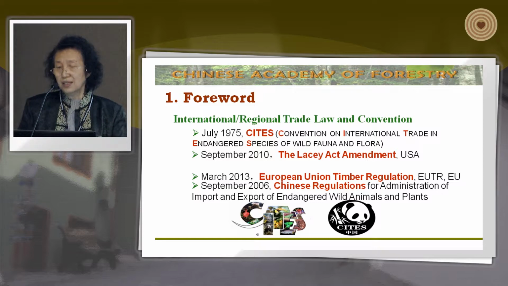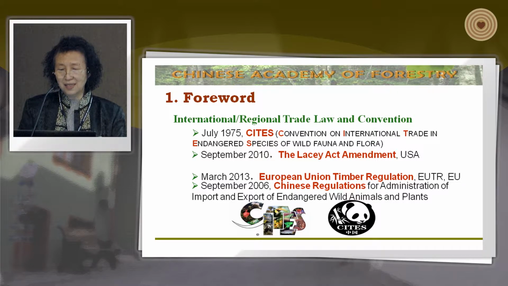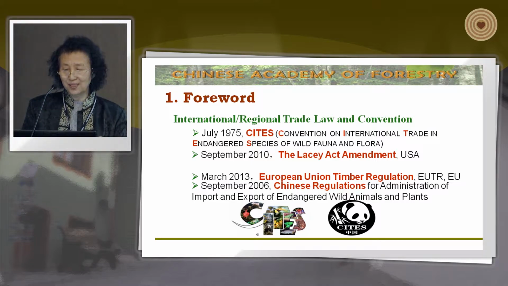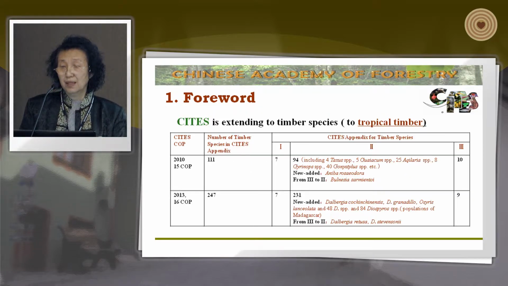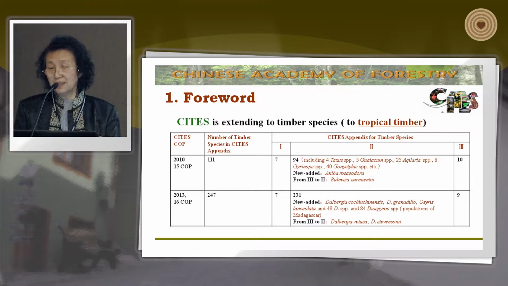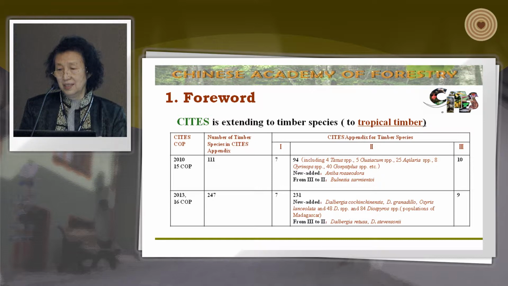As you know, international trade laws and conventions have been launched, for example, the famous CITES and Lacey Act Amendment, the European Union Timber Regulation and Chinese regulations, etc. CITES is expanding to timber species.